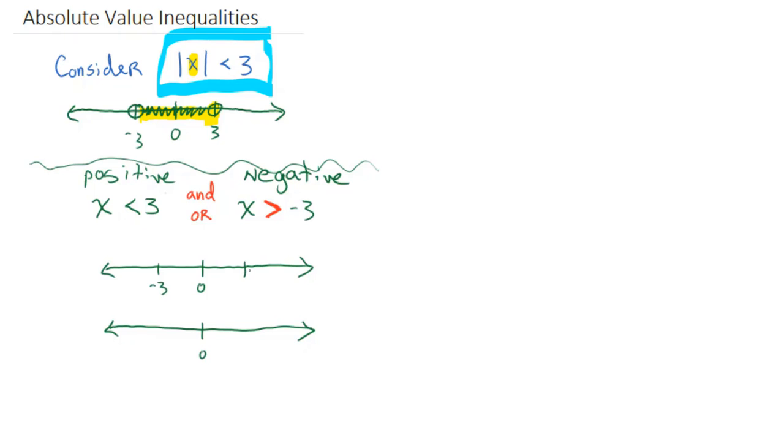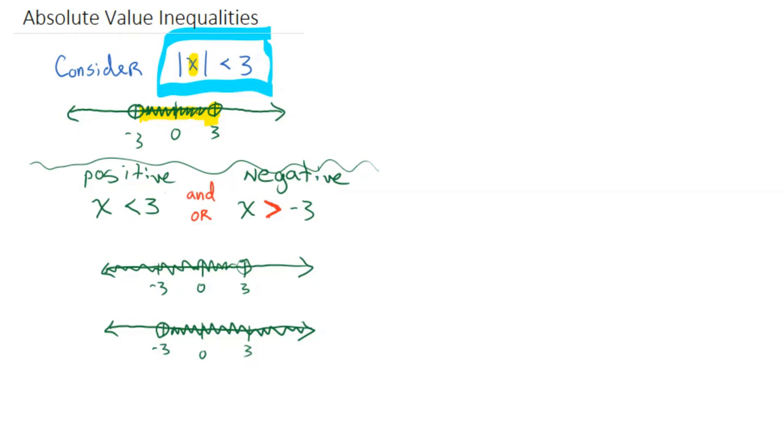So for the first one, we have that x is less than 3. That would look like this, and it would just keep on going past the negative 3. Negative 3 isn't even a part of the question if we're just looking at that. Now, for the negative 3, we have x is greater than negative 3, so we've got to go in that direction.